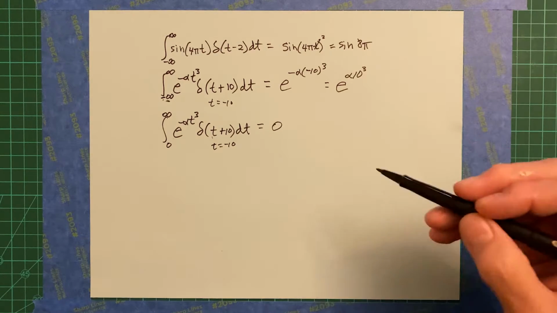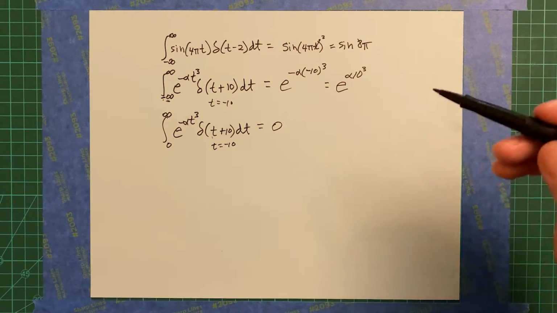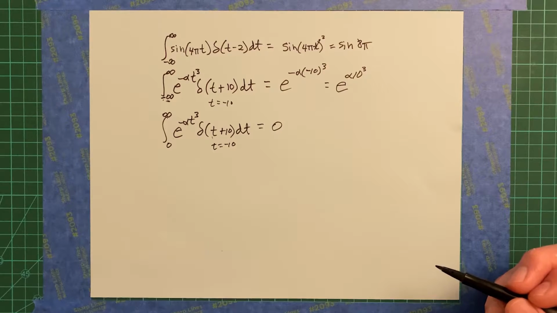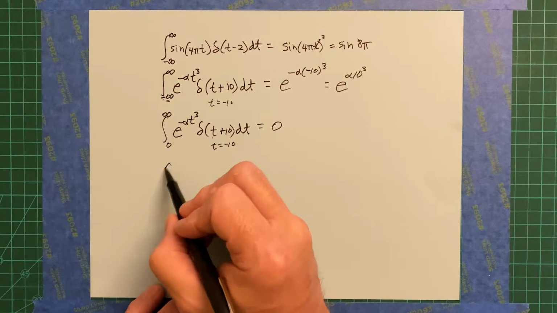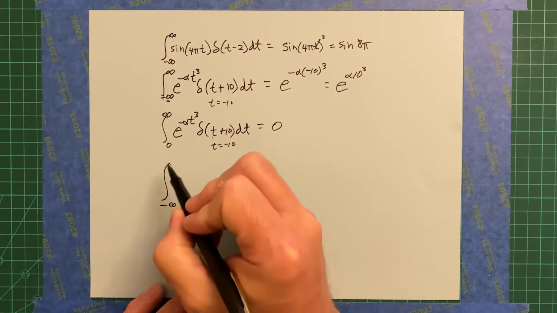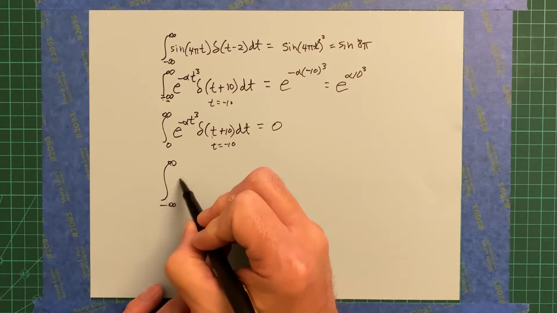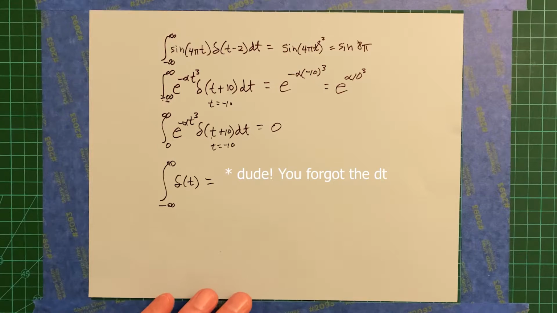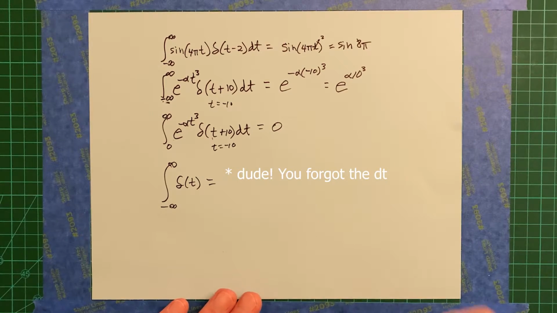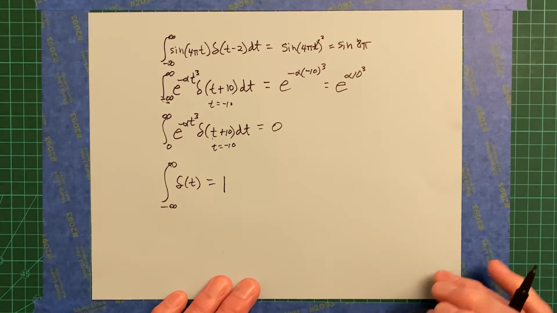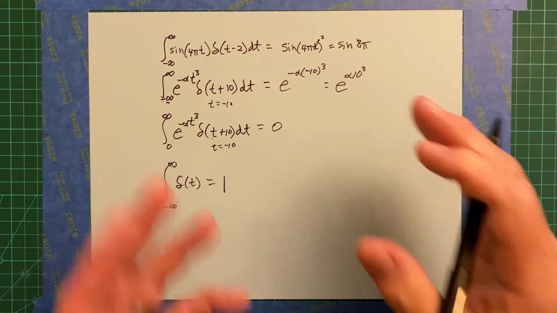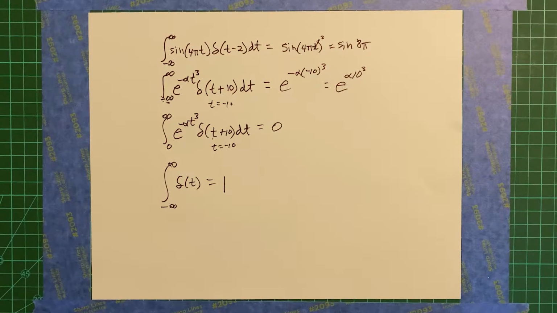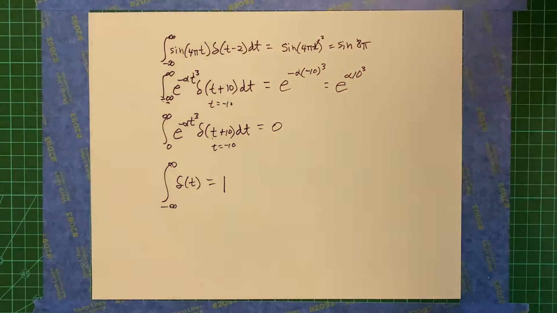It only occurs at one point at which its value is technically undefined. Okay, one more. Integral from negative infinity to infinity of delta of t equals what? Okay, you should know the answer to that one already. It's just 1.